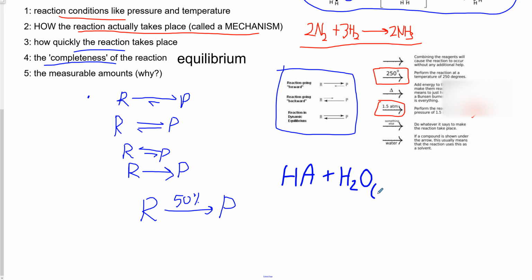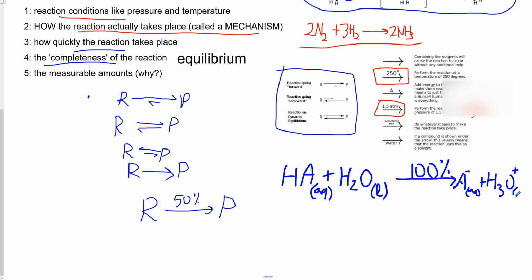I have my HA, that's my acid, that's aqueous. In a strong acid, literally every single one of the acid molecules reacts with water to form hydronium.